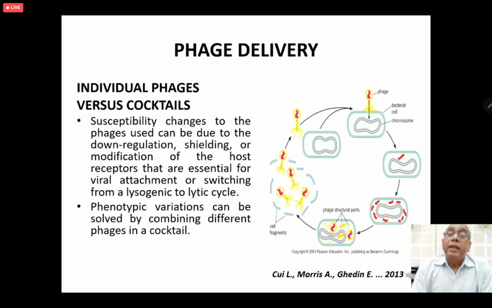As you see here, in a lytic cycle the phage attaches to the cell receptor, then it enters into the cell, then it proliferates within the cell, and then the cell ruptures and these phages are released to kill the bacteria.